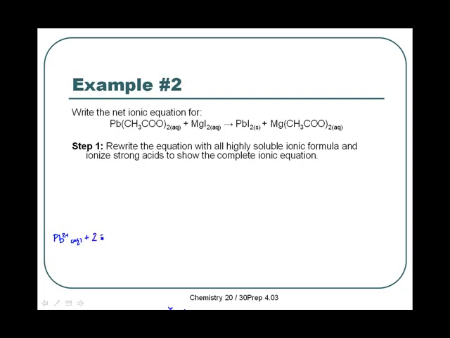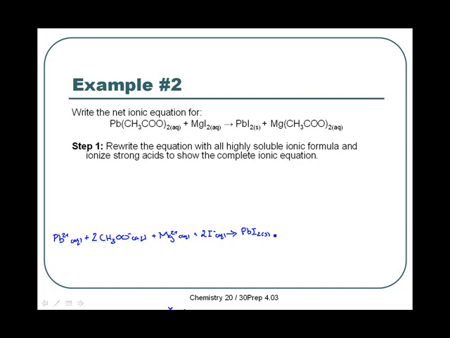There are 2 acetate ions. They're negatively charged. We have magnesium ions, so Mg 2+ aqueous plus 2 iodine ions, and they're going to produce now our lead iodide.